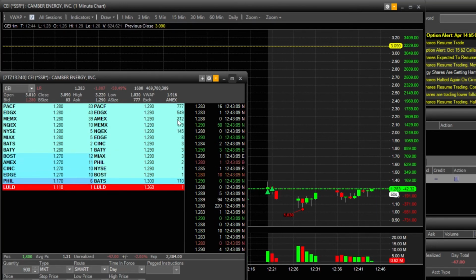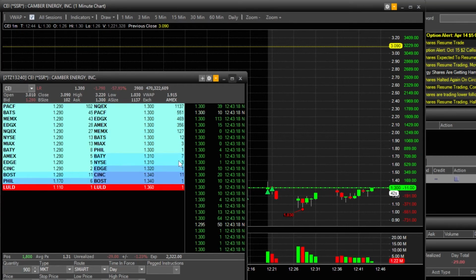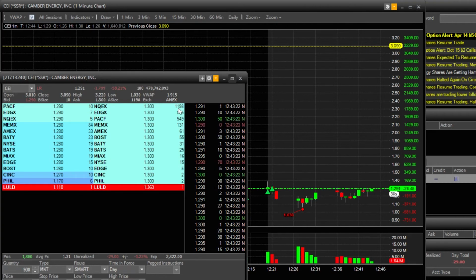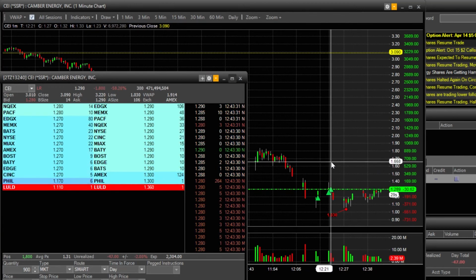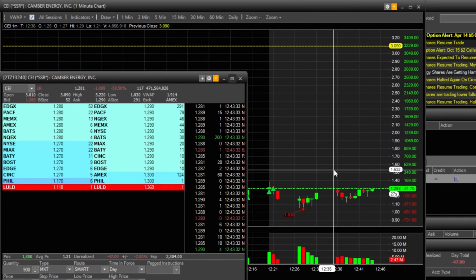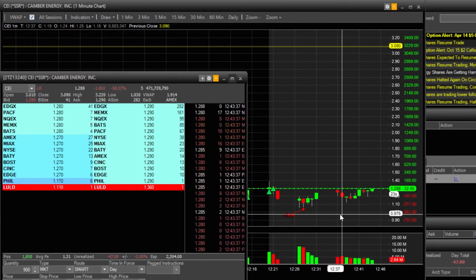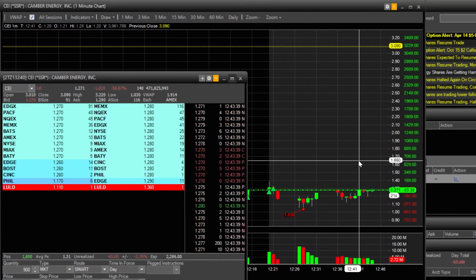And you see there's a wall of sellers here. If they get taken out, we can keep going further at 30. There's still a long way up.